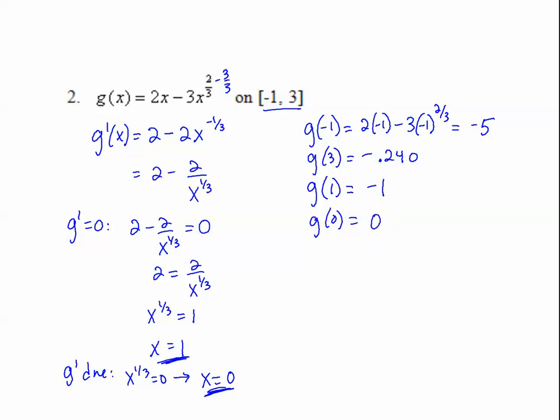Now we're determining the highest and the lowest. Of all of these values, the highest is 0, so 0 is the max, occurring at x equals 0. Finding the lowest, negative 5, so negative 5 is the min, located at x equals negative 1.